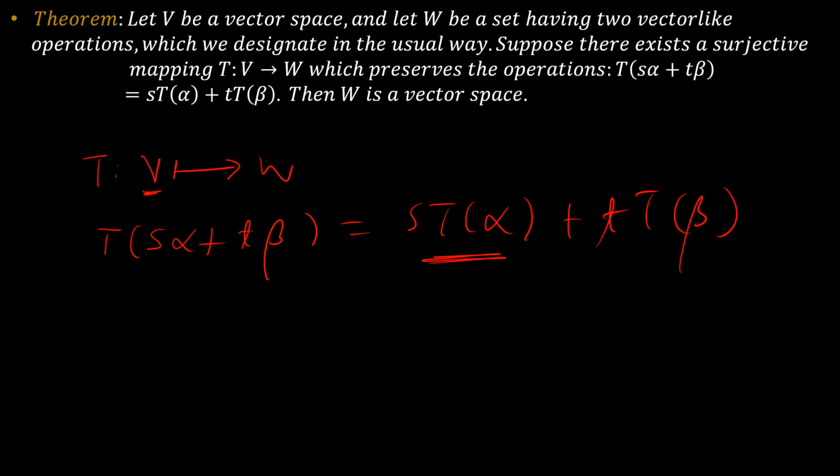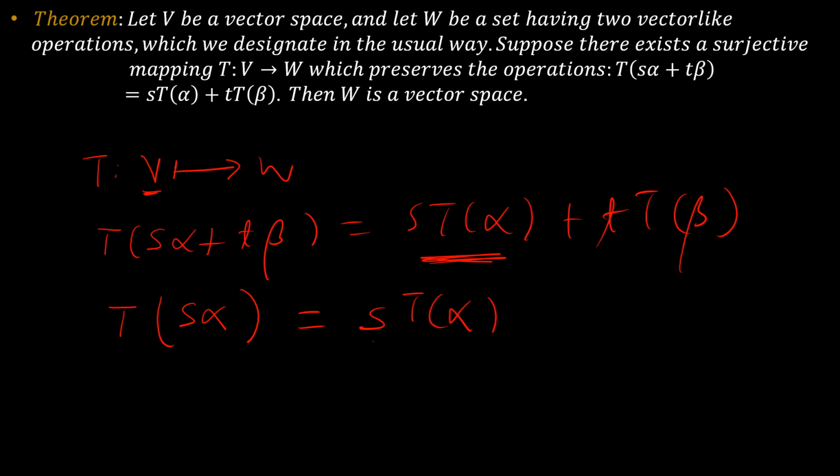Where we have this constant coming out, then we could take, for example, T(beta) to be 0, and so we could also have it being equal to sT(alpha), right?